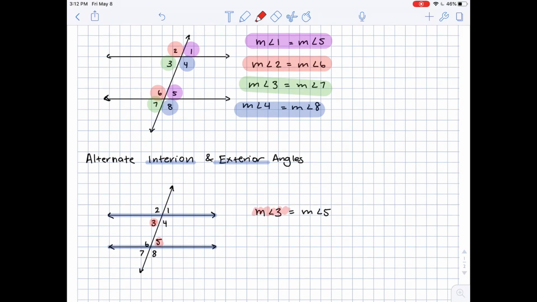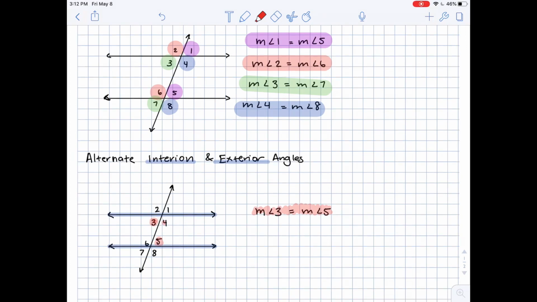So angle 3 is congruent to angle 5 and the other one, the measure of angle 4 is equal to the measure of angle 6. So they cross, right? 4 and 6, 3 and 5. Those angle measurements are the same.